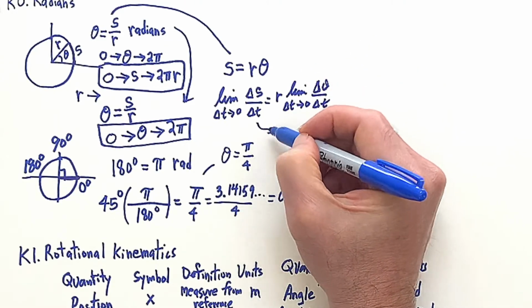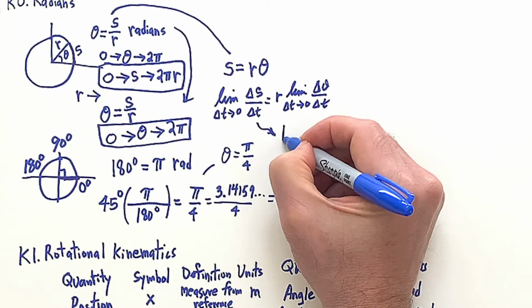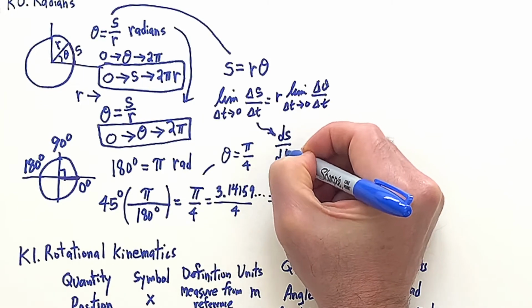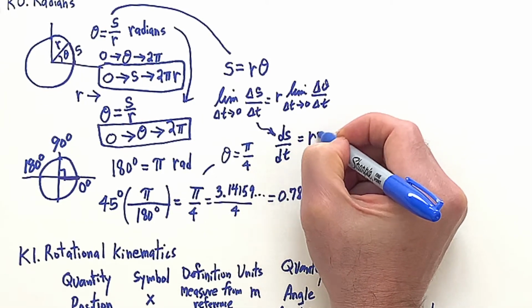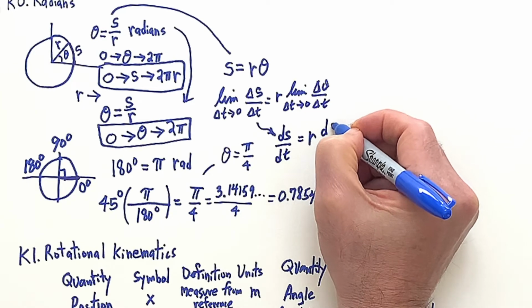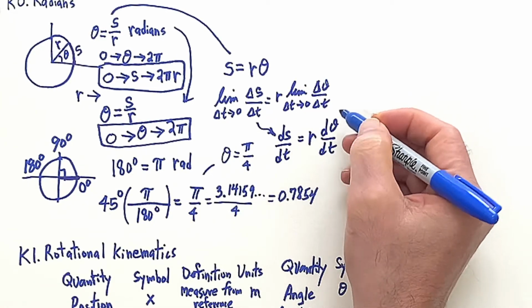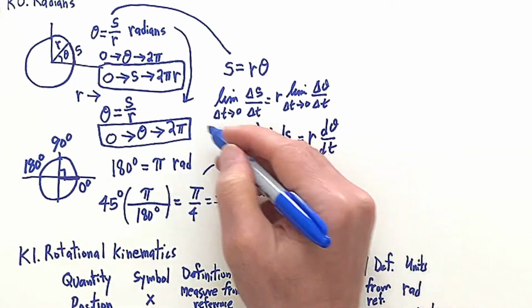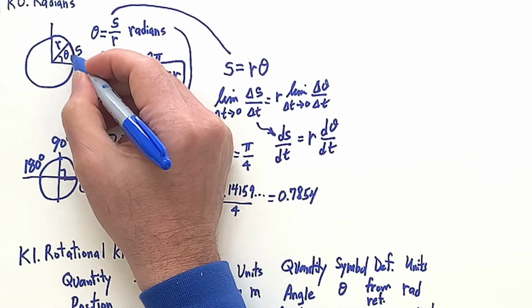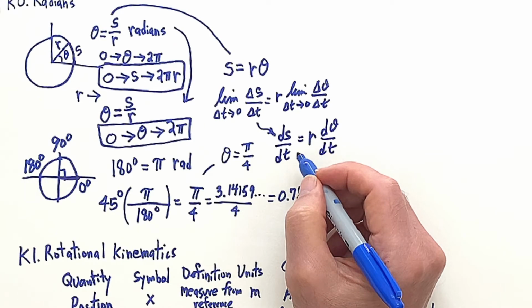So this here is ds dt, and over here we have d theta dt, and this ds dt is the velocity along the circumference, along the curved path.